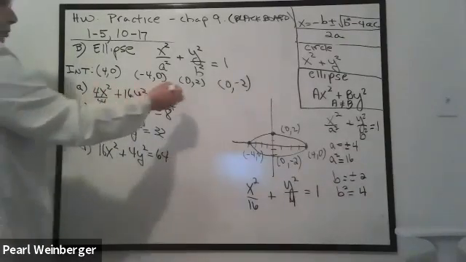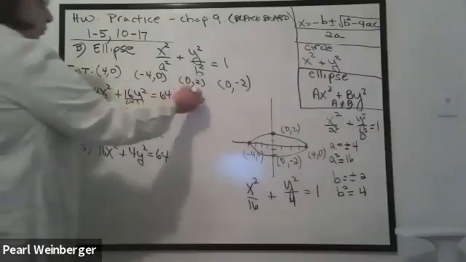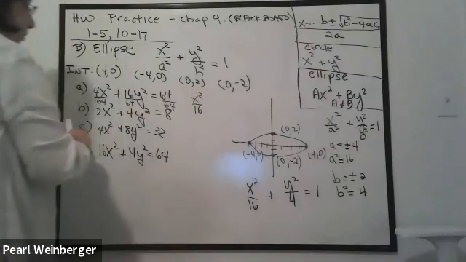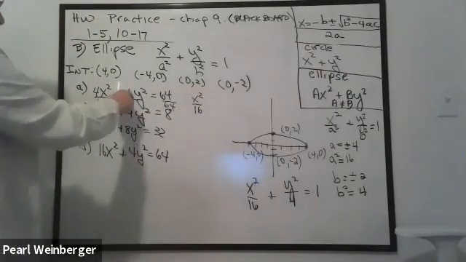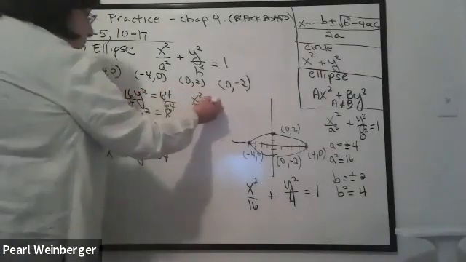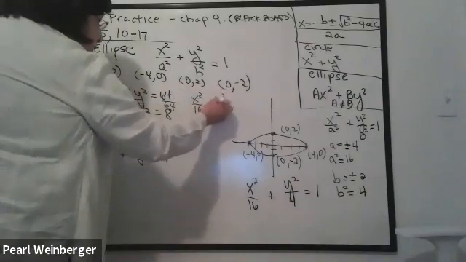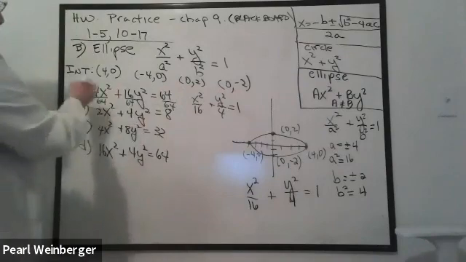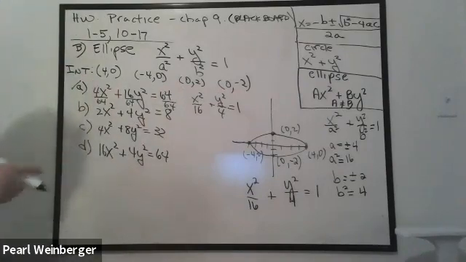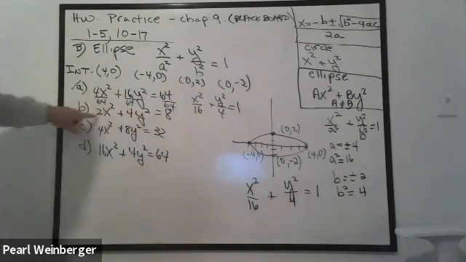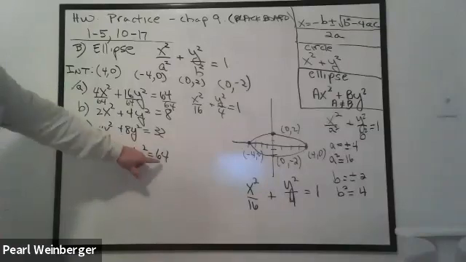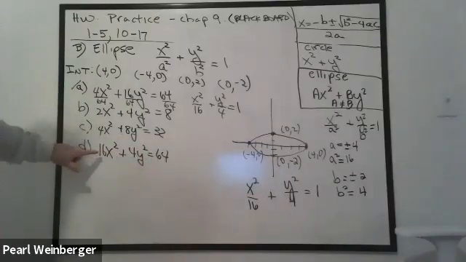And then I'd reduce. 4 over 64 is 16, so it's x squared over 16. 16 over 64 is y squared over 4 equals 1. Actually, I don't even have to go any further. This has to be the right answer. If not, I would divide everything here by 8. This one I would divide everything by 32. And this one I would divide everything by 64.